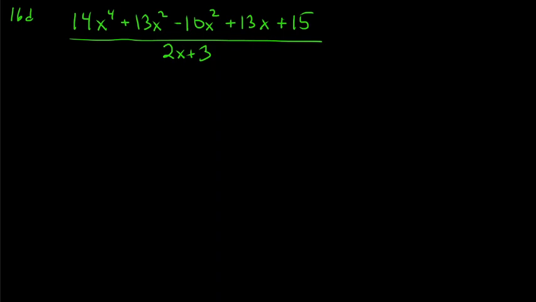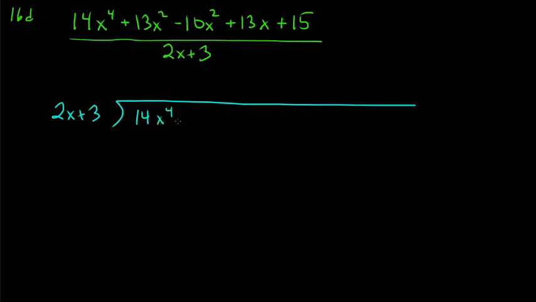So let's go on to D, 16D. 14x to the 4 plus 13x cubed minus 10x squared plus 13x plus 15 all over 2x plus 3. So again, we're dividing by two terms, 2x and 3. So this is going to be another long division. And this one's even longer than the last because we have 5 terms in the dividend.